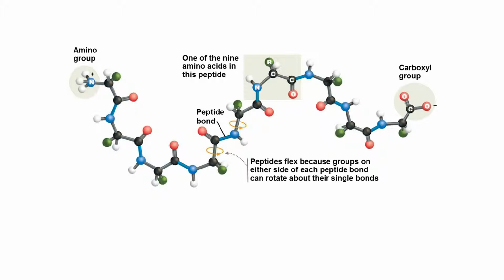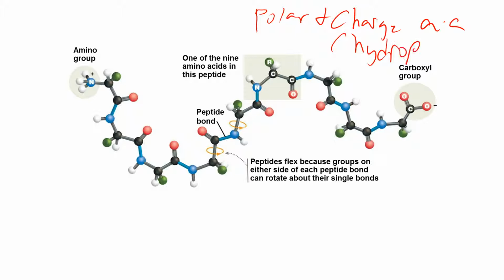So we're talking about proteins, and a lot of times when we talk about proteins, we talk about proteins inside of a cell or being expelled outside of the cell into an aqueous environment. And so, since these proteins are going to be released into an aqueous environment, that means that your polar and charged amino acids are going to be hydrophilic.